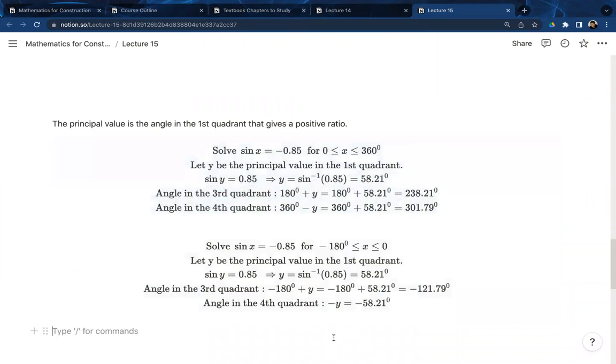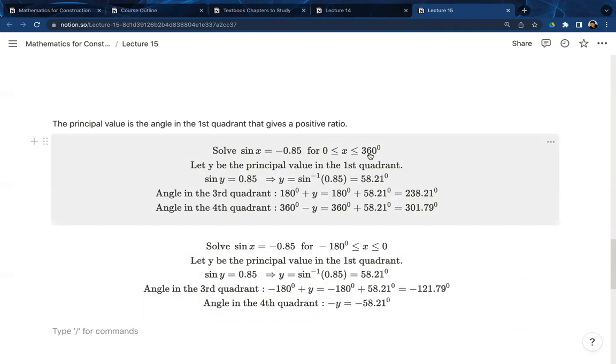So it depends not only on the ratio to tell you whether it's positive or negative. It depends not only on the actual ratio, if it's sine, cosine, or tangent. It depends on the trig function. It depends on the domain. So it depends on 3 things: the ratio value, the trig function, and the domain. You have to take these 3 things into account.